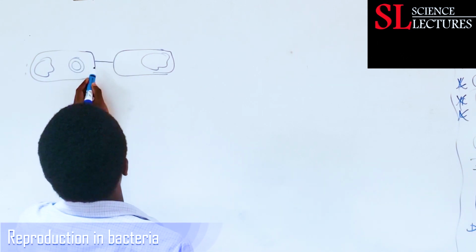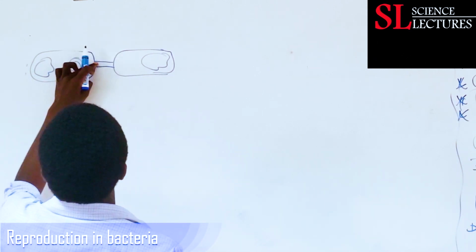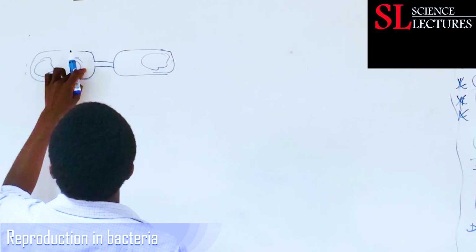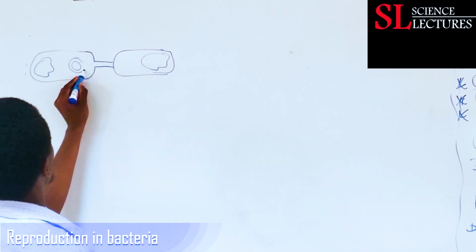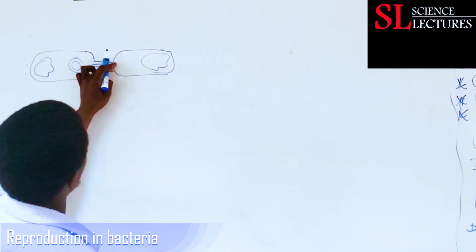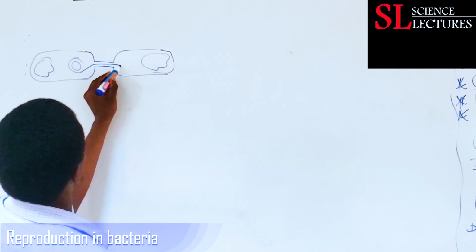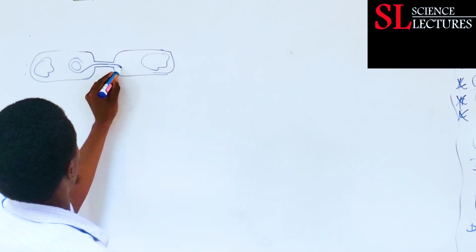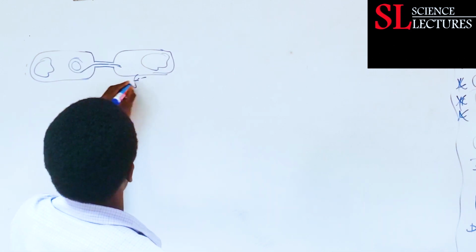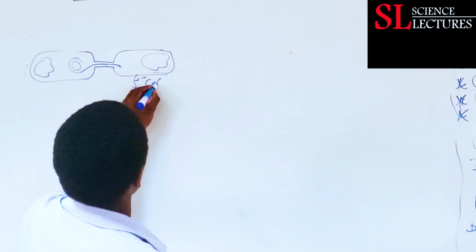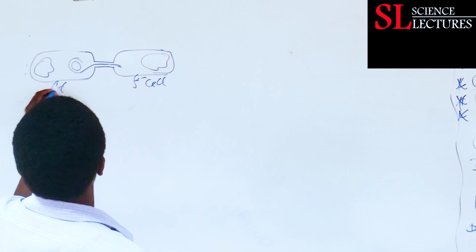A pilus is formed between them. The F positive cell will transfer one of its plasmid strands to the F negative cell.